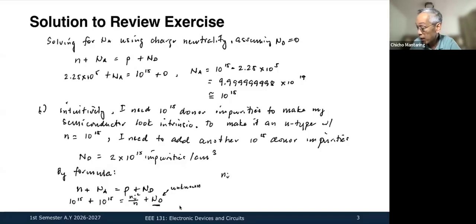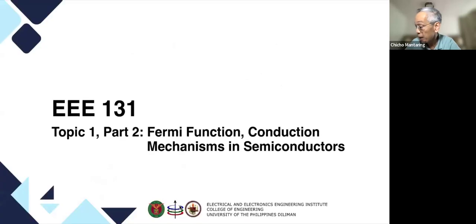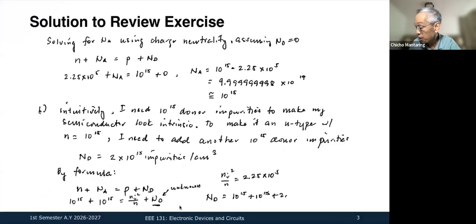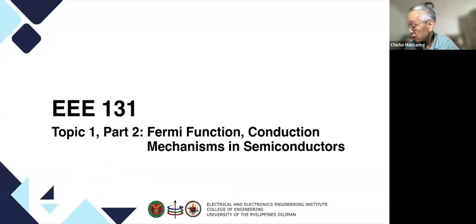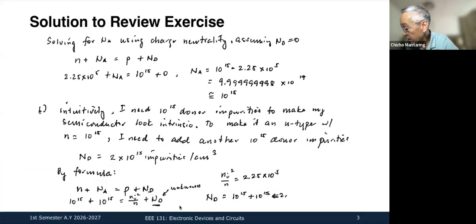Okay, ni squared over N, we already know that to be 2.25 times 10 to the 5. So finally, you're going to get ND is 10 to the 15 plus 10 to the 15 minus 2.25 times 10 to the 5, and this is approximately equal to 2 times 10 to the 15.